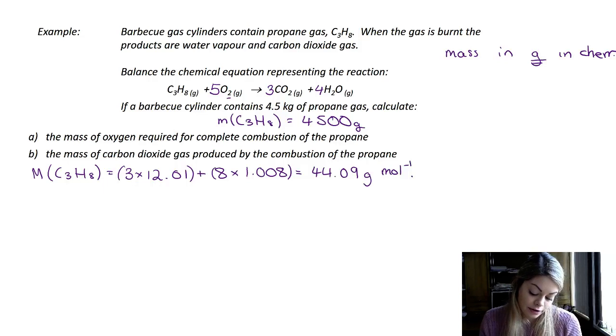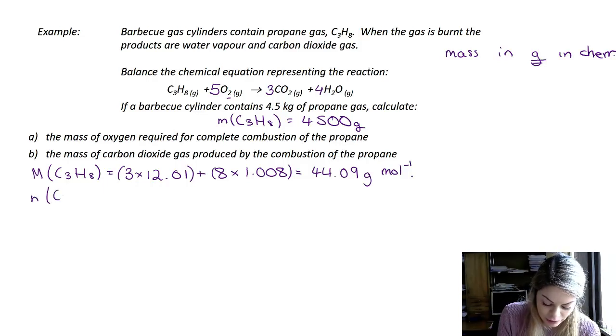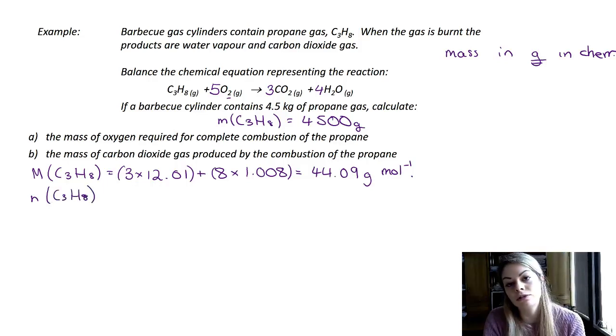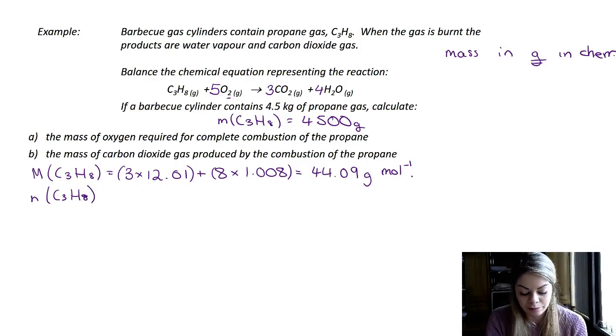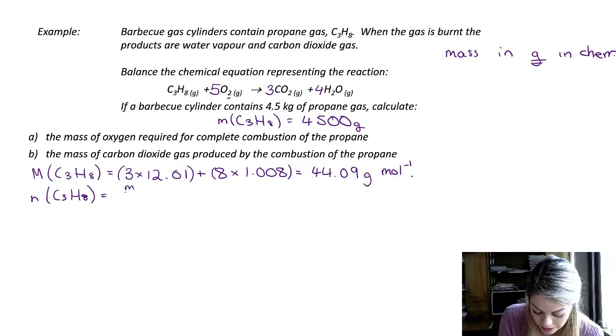Now that I've got the mass and the molar mass, I can find the number of moles. So remember, your communication here is super important. Always say what you're finding the number of moles of. Okay, so don't just do n equals m over M. It's the number of moles of propane gas. So it is the mass divided by the molar mass.